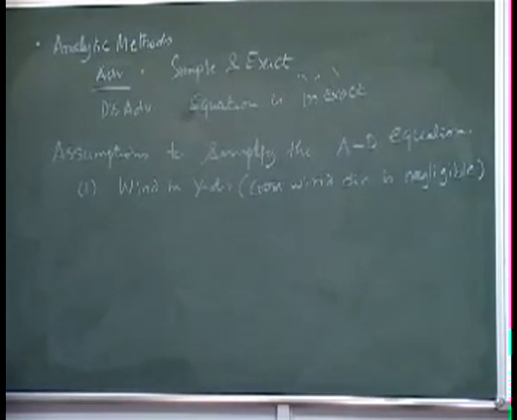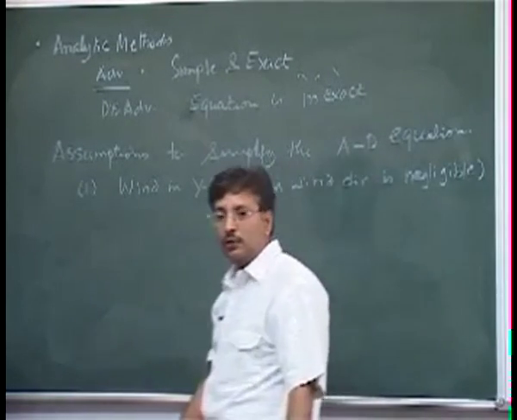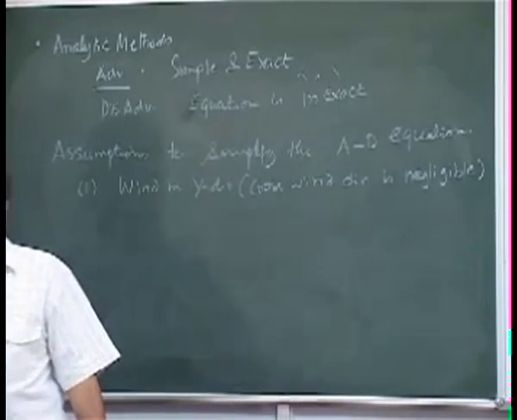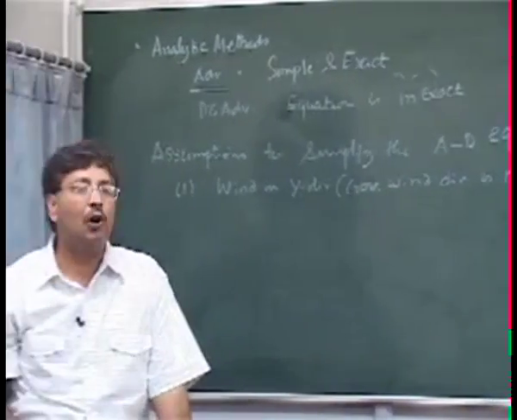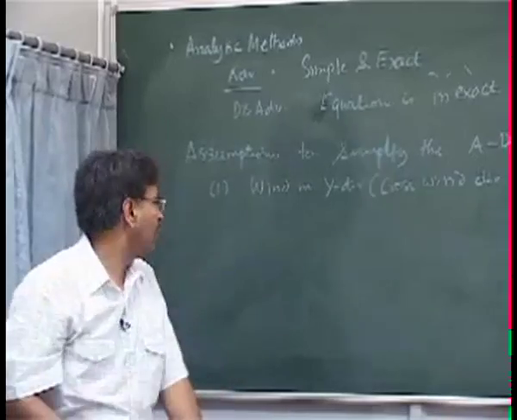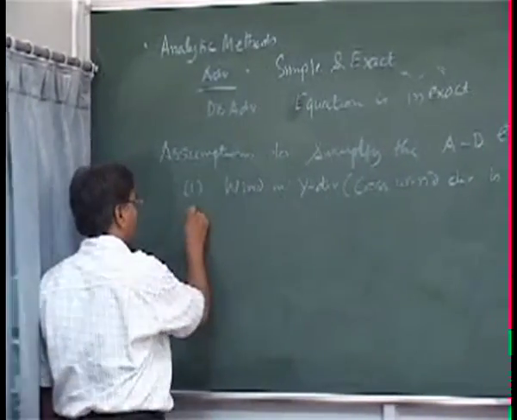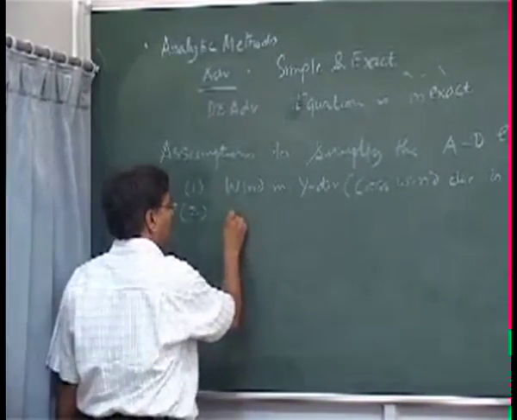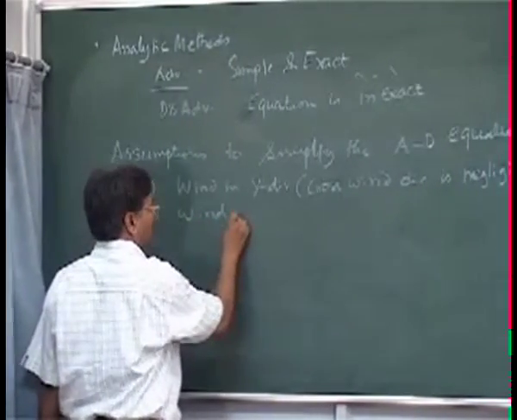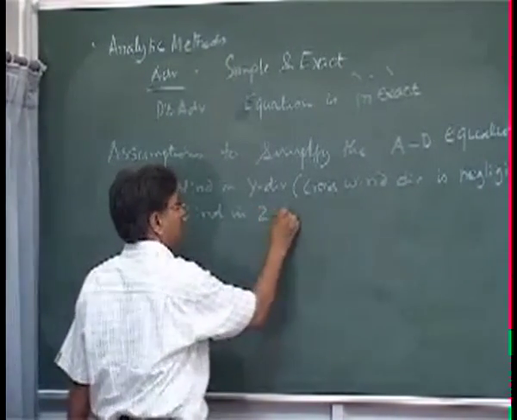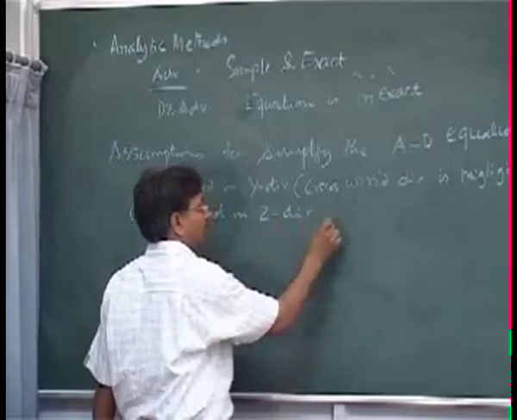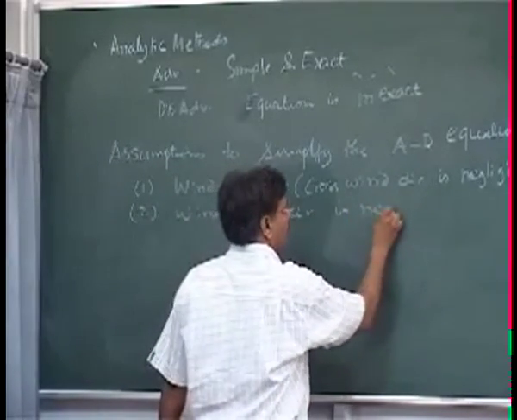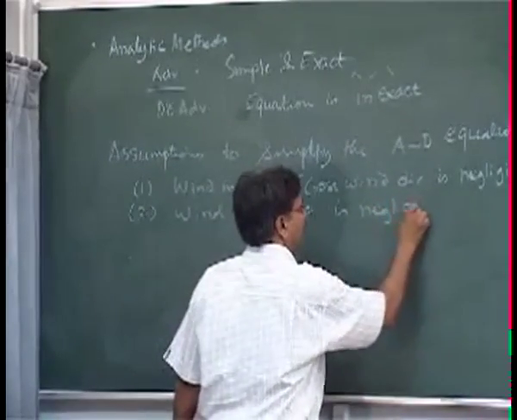Drop this term. What do you say about w? I can also say the vertical winds will be negligible. So assumption number 2: wind in the z direction is negligible.